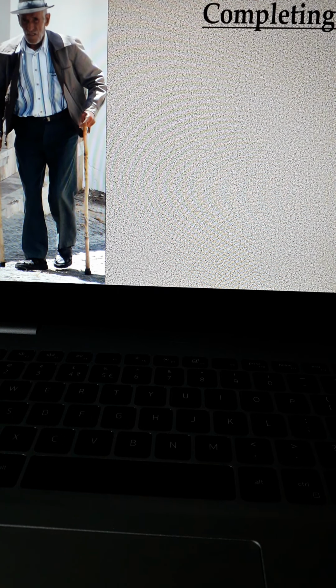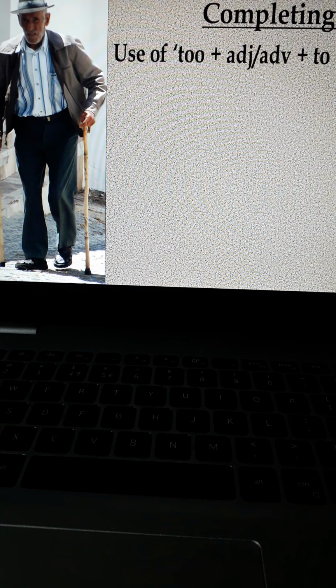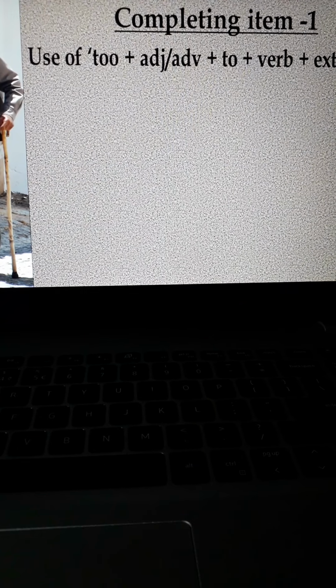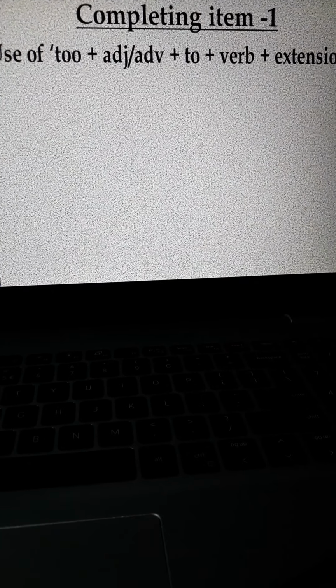Completing item 1. Look at the picture. This man is very old and weak. Use of to plus adjective or adverb plus to plus verb plus extension.